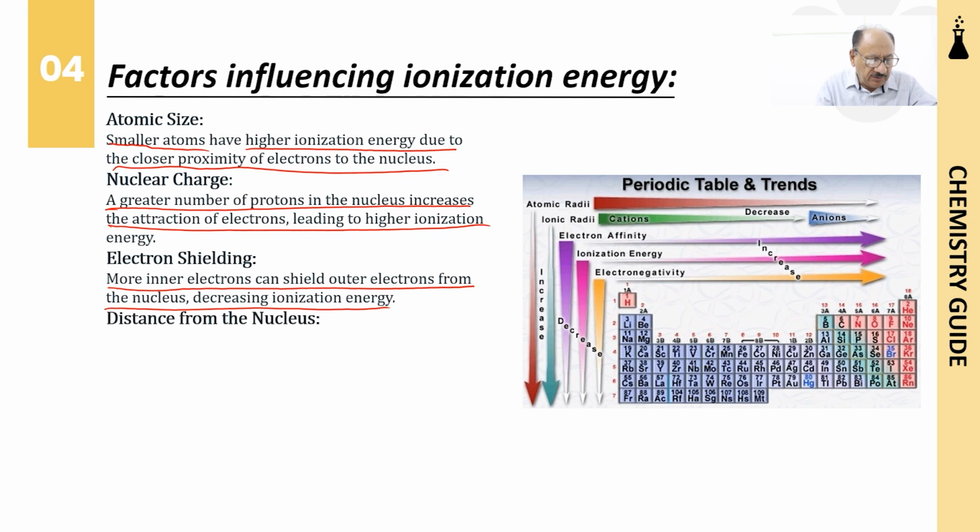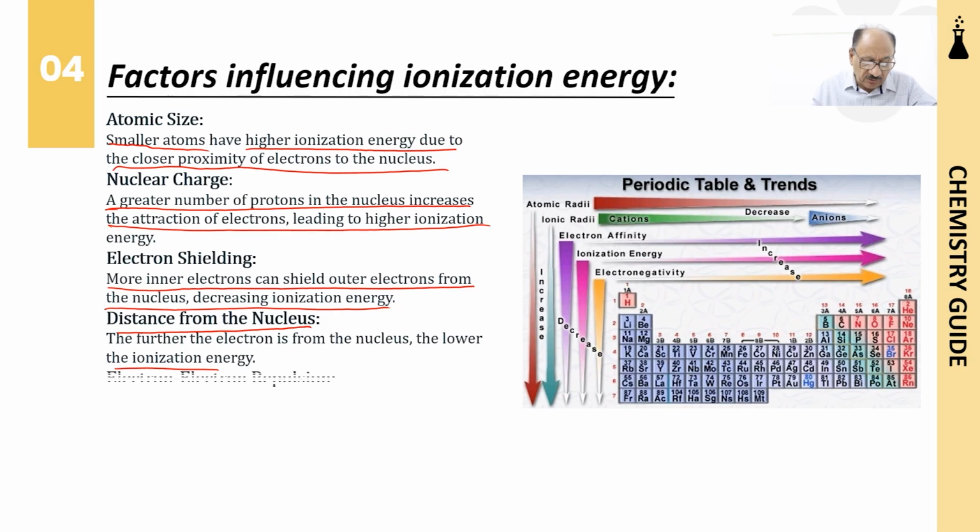Further is distance from the nucleus. If the distance is more, the further the electron is from the nucleus, the lower the ionization energy. These are four factors affecting the ionization energy. The fifth one is electron repulsion.